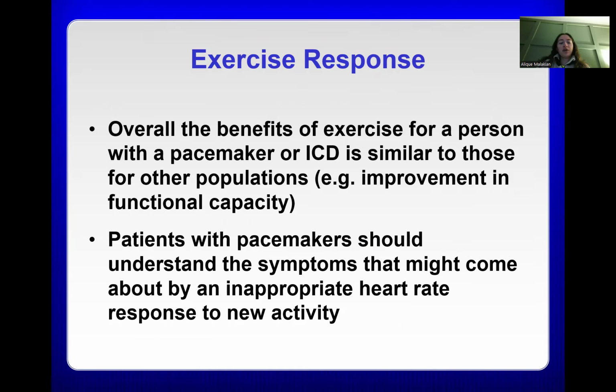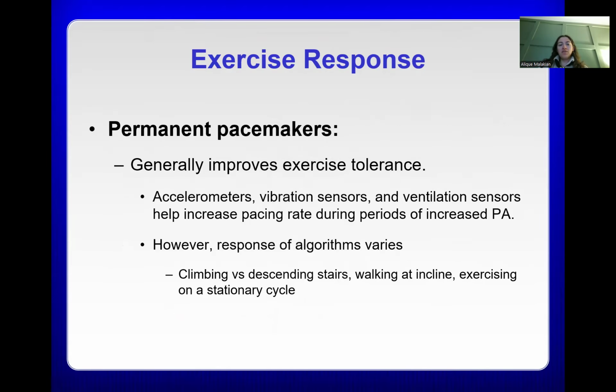So patients with the pacemaker should understand the symptoms that might come about by an inappropriate heart rate response to a new activity. We'll go over this a little bit more in the exercise training considerations, but there isn't anything super specific about an exercise response, but just to be thorough, I will mention some of them for permanent pacemakers and then the ICDs.